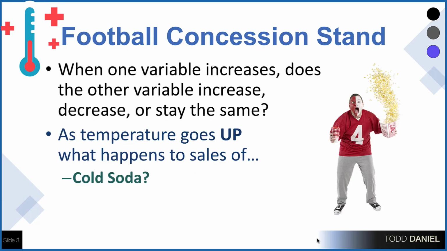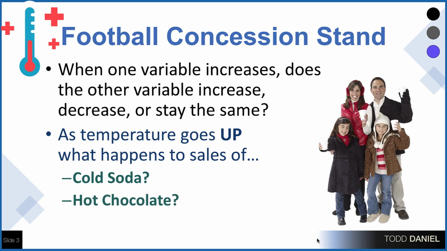We can predict that we will sell more soda when the temperature is hot, less soda when the temperature is cold. As the temperature goes up, what happens to our sales of hot chocolate? In this case, warm temperatures outside mean we're not going to sell very much hot chocolate. But when the temperature starts dropping, the sales of hot chocolate are going to increase. These variables move opposite of each other.